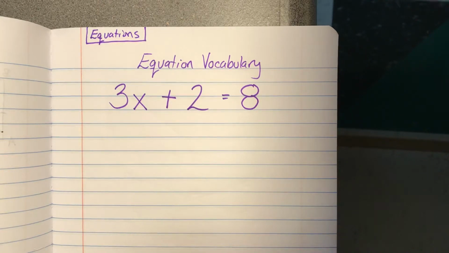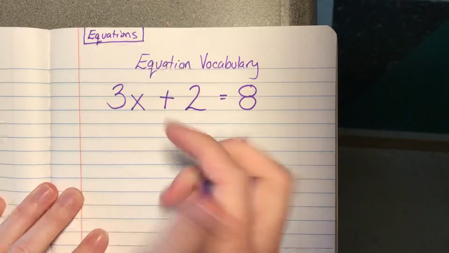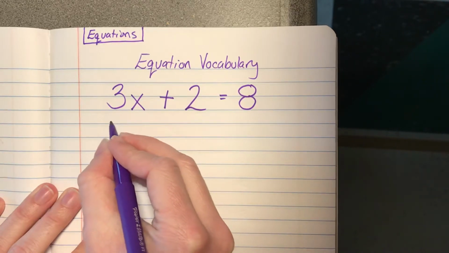All right, so I hope you paused the video and were able to get something that's colored. So we're going to look at the different parts of what we would call an equation. The first thing I want you to do is, if you have your regular colored pencil or whatever you wrote in, I'm just going to do it in my purple pen again. I want you to underline this whole thing.